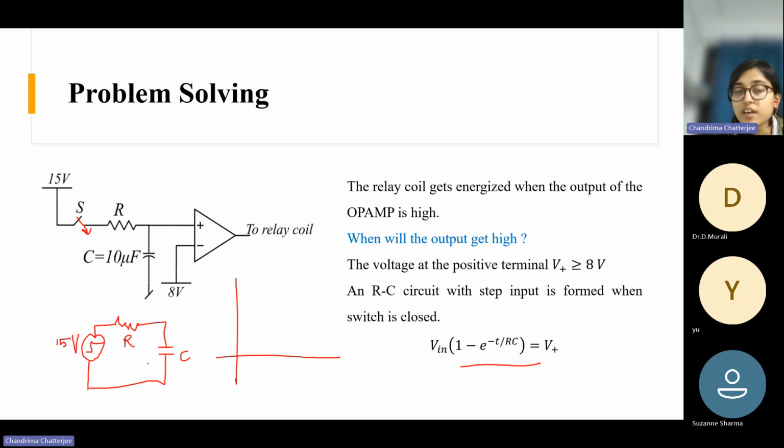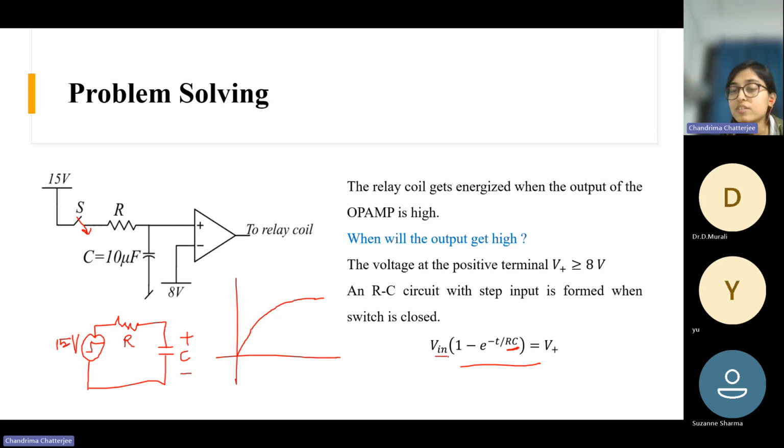If you plot the voltage across this capacitor, the voltage will rise in an exponential fashion, and at steady state it will reach this 15 volt value. So this is the equation, and this voltage is going to the positive terminal. That's why I have written this V plus, and this is V input. And RC is called the time constant of the circuit.